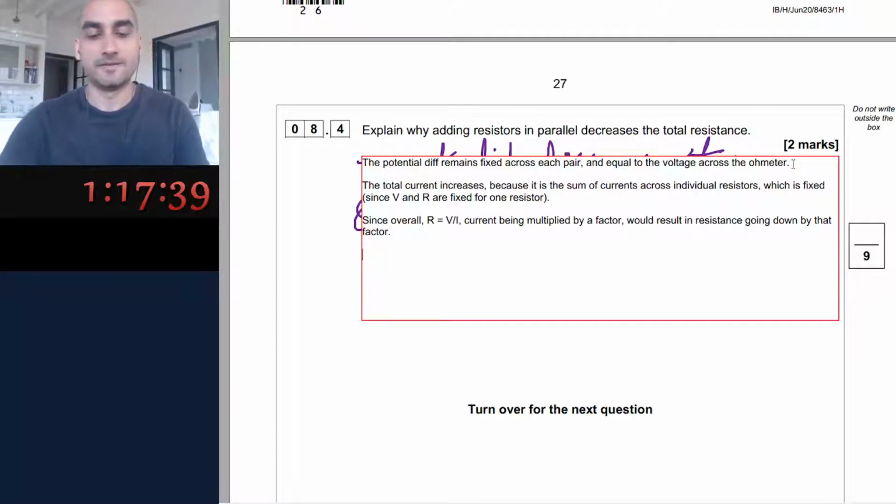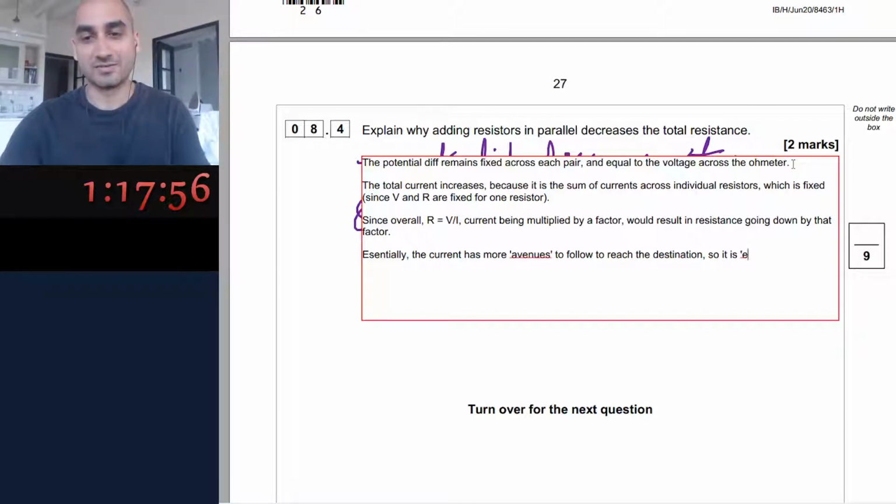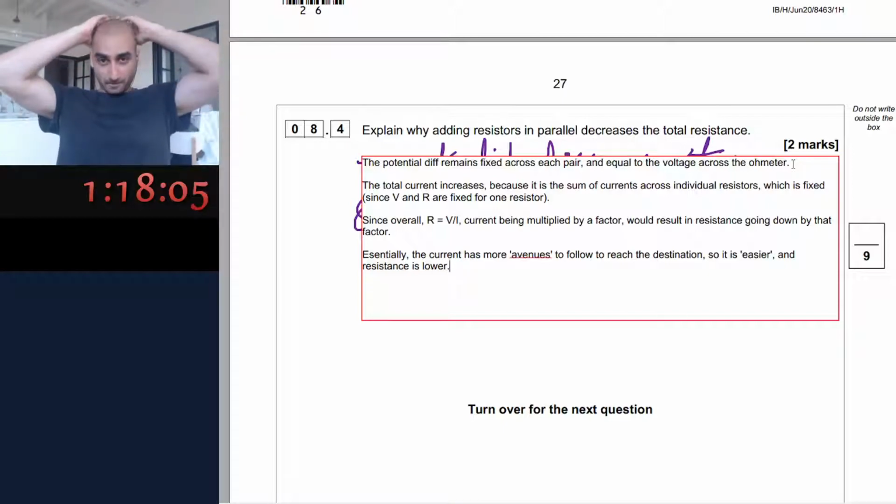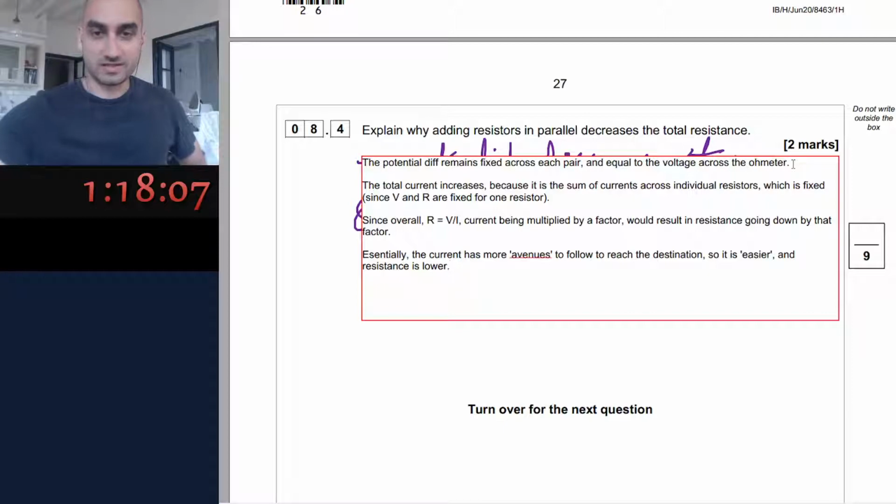That's essentially the current has more avenues to follow to reach the destination. So it is easier, and resistance is lower. It's 2 marks, I don't know.